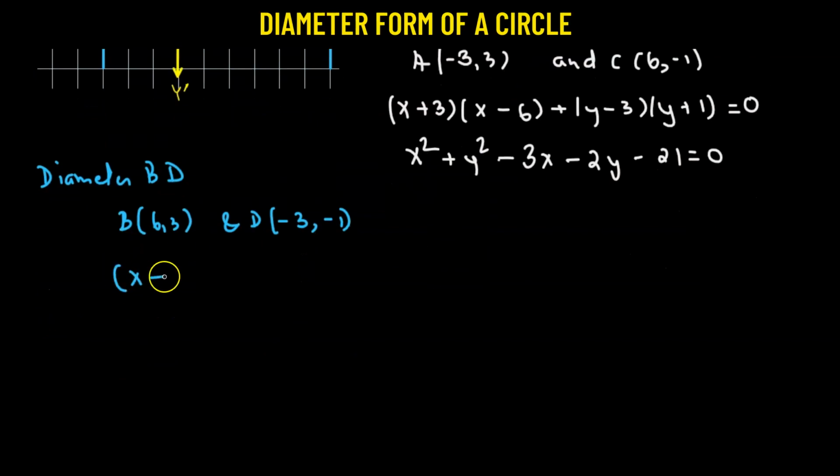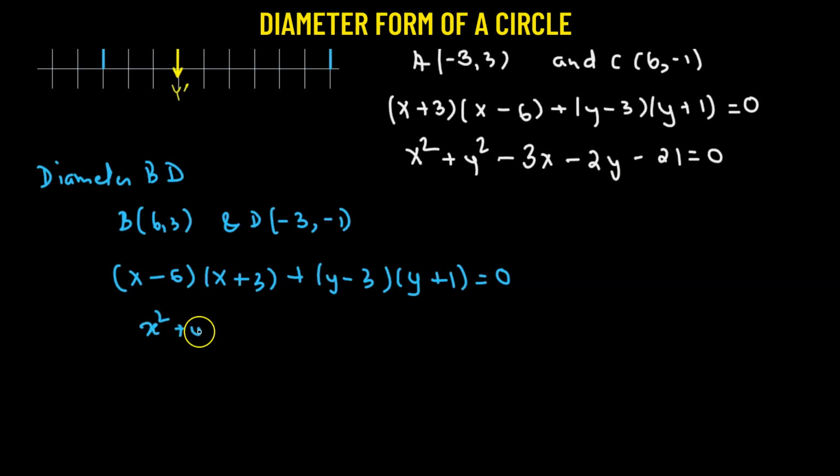We have (x - x1) times (x - x2). So x2 being negative, we have (x + 3) plus (y - y1) times (y - y2) equals 0. Or we get simply x squared plus y squared minus 3x minus 2y minus 21 equals 0. So this is also going to give us a circle with the same equation.